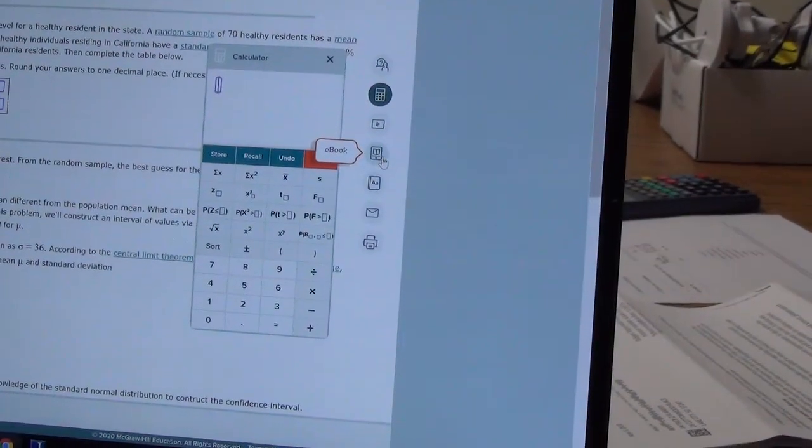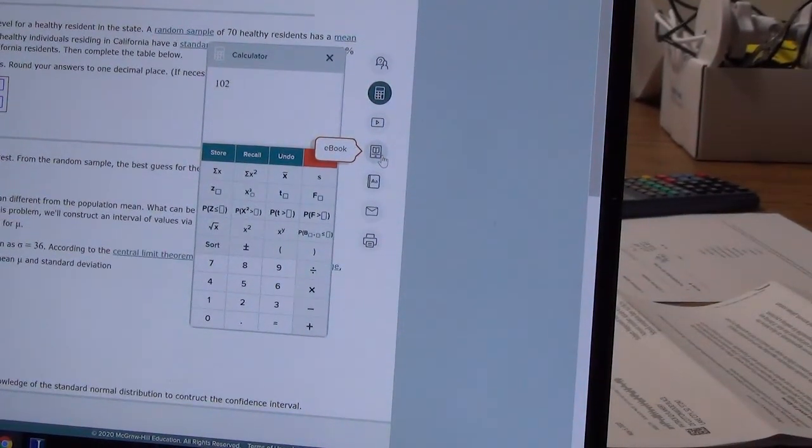So I'm going to do 102 minus the Z sub, 10% divided by 2. You could just divide that and put 5% in there. 10% divided by 2 would be 5%. And then in my parentheses, I have 36 divided by the square root of 70. Go behind there and close that parenthesis.